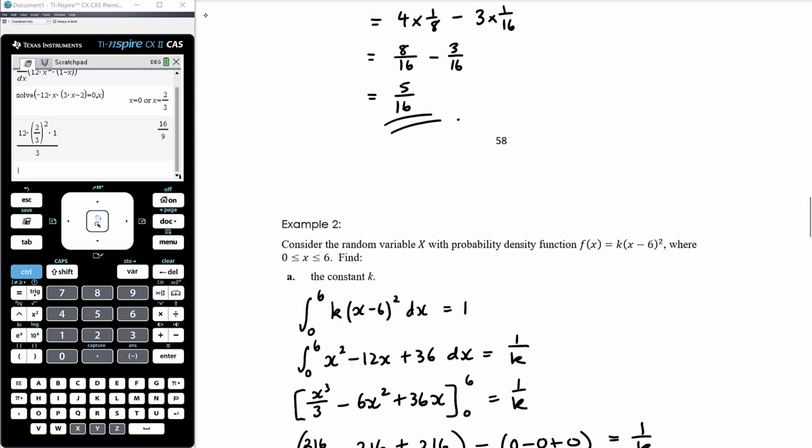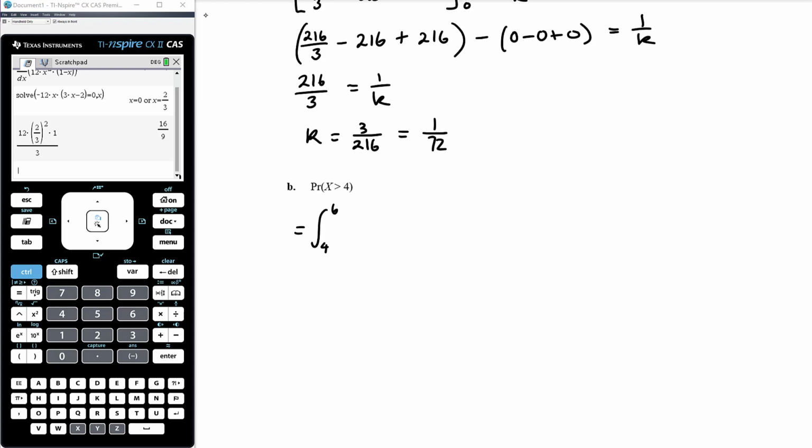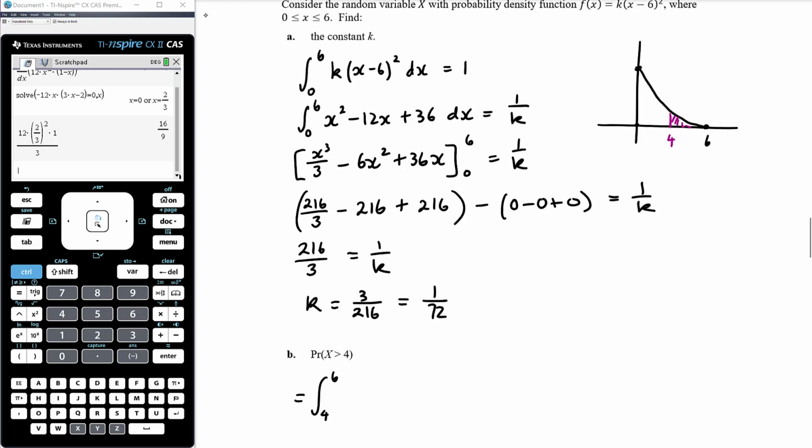Okay, so remember my function is essentially that. And if we want the probability of x being bigger than 4, we're talking about finding that area there, so integrating the function from 4 to 6. What's my function again? 1 on 72 times (x minus 6) all squared.